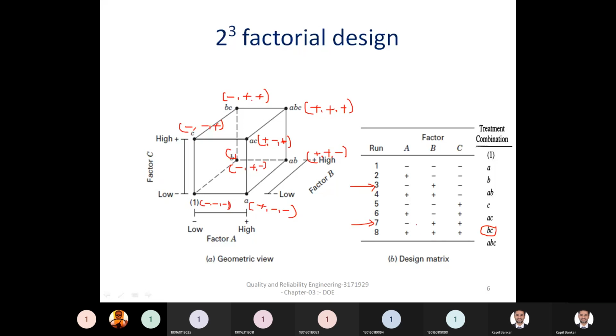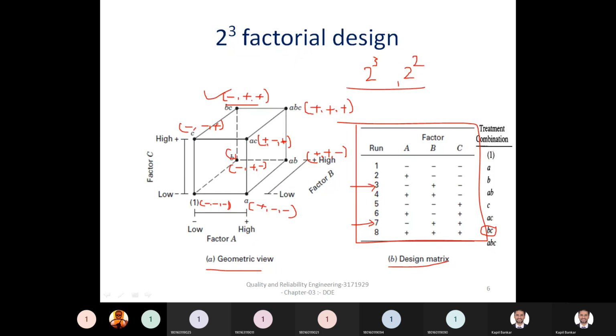Okay, so in BC: minus, plus, plus. Where is BC? Yes, minus, plus, plus. Got it? So like from the geometric view or in the design matrix, you can prepare this matrix for your experiment, whether 2-level with 3 factors, or 2-level with 2 factors.